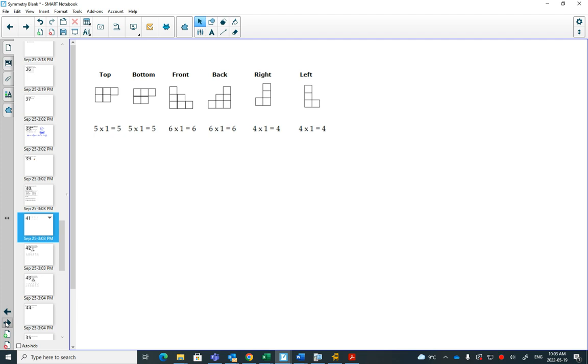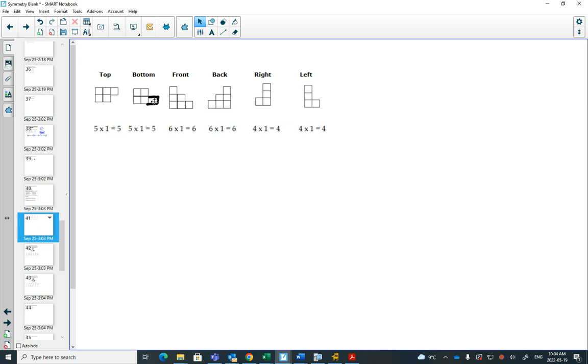The bottom is exactly the same. When I turn it and look at it at the bottom, I see the L like this. From the top, I see it like that. The bottom, I see it like that. It wouldn't make a difference on how many squares I see. Okay?